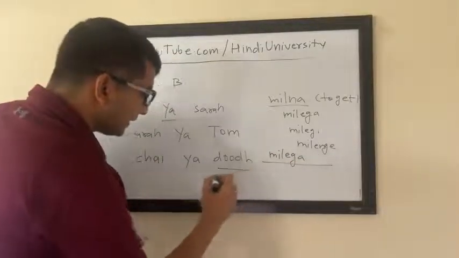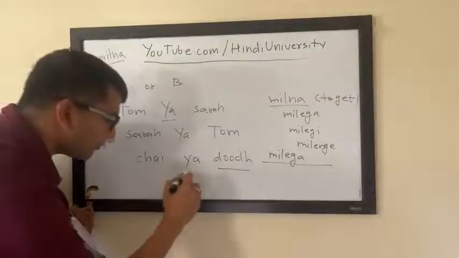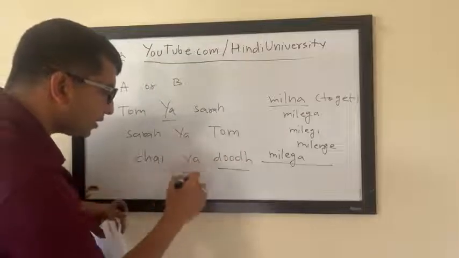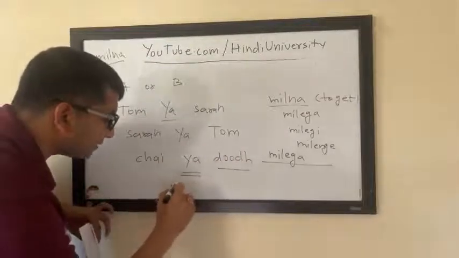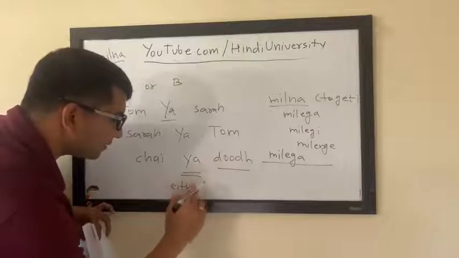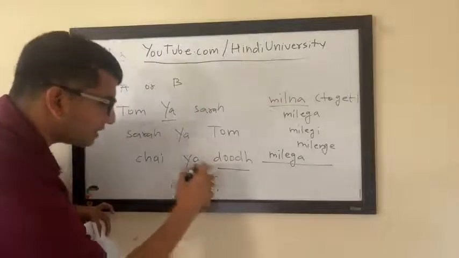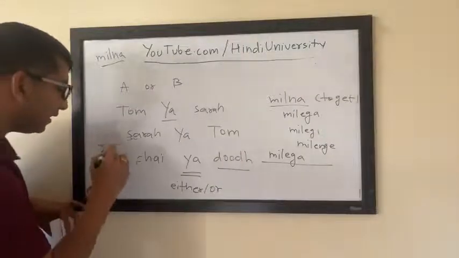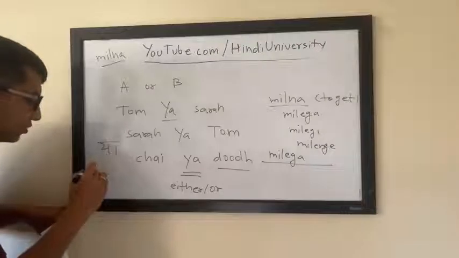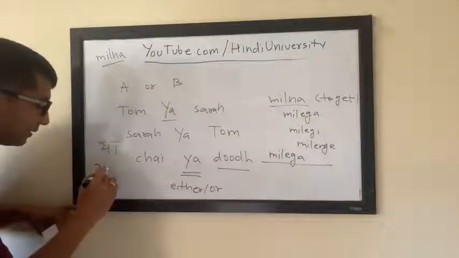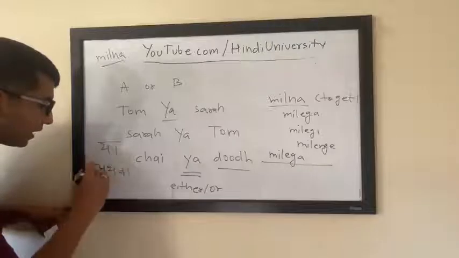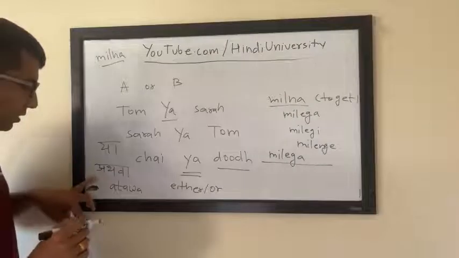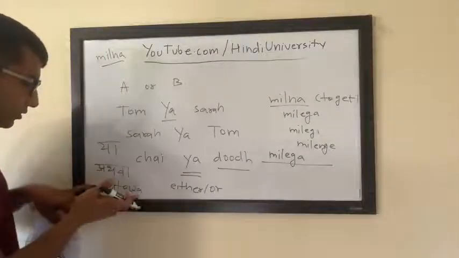That's right. So the rule is when multiple subjects are separated by either-or, such as ya, which is written in Devanagari as ya with a. In formal Hindi, it is also called athwa, a, th, v with a. I would say right now, till you are very comfortable, don't use it.